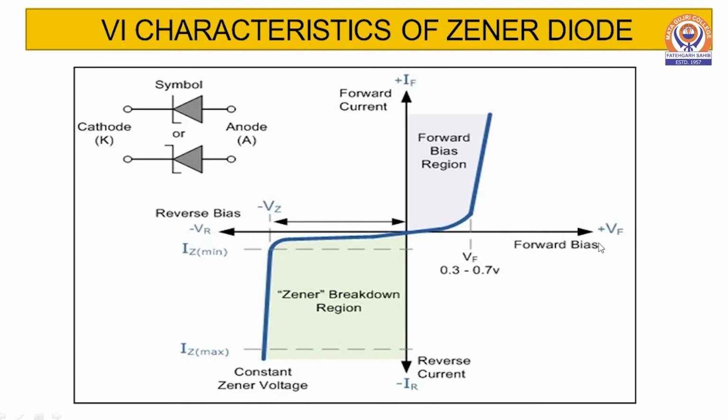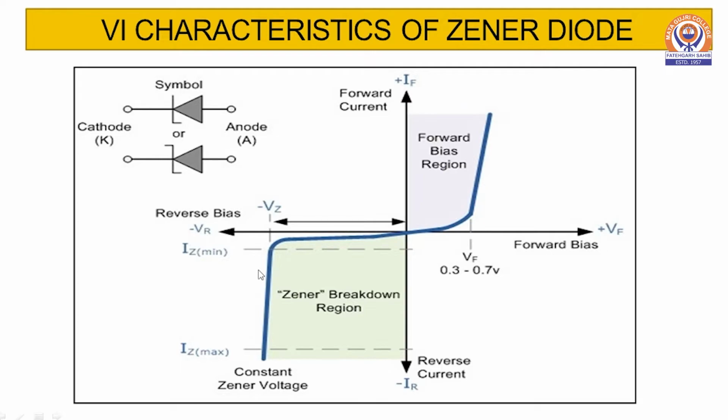We have connected the P terminal of the battery to the P side of the diode and the N terminal of the battery to the N side of the diode. Initially, when we increase the voltage, we don't have any current value. Further, with a slight increase in voltage up to 0.3 to 0.7 volt, the current starts increasing linearly. This particular voltage at which the current starts increasing linearly is called the knee voltage.